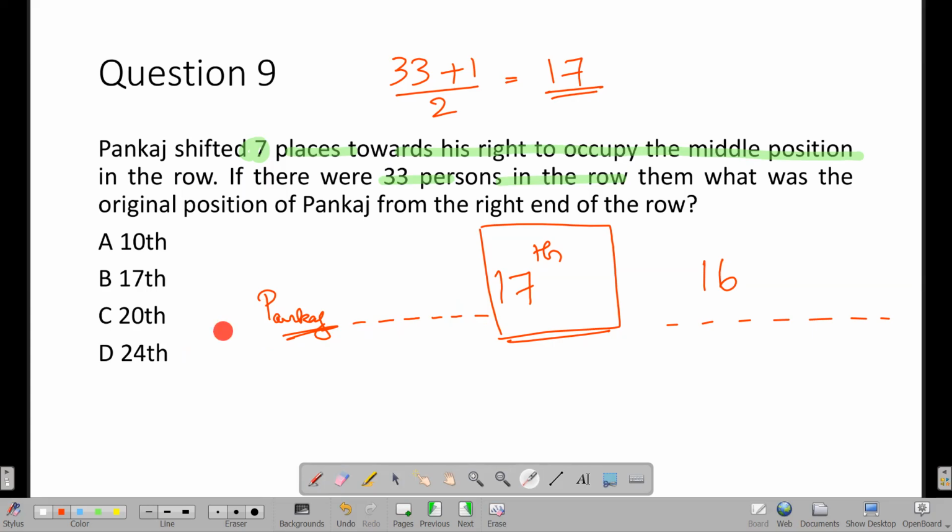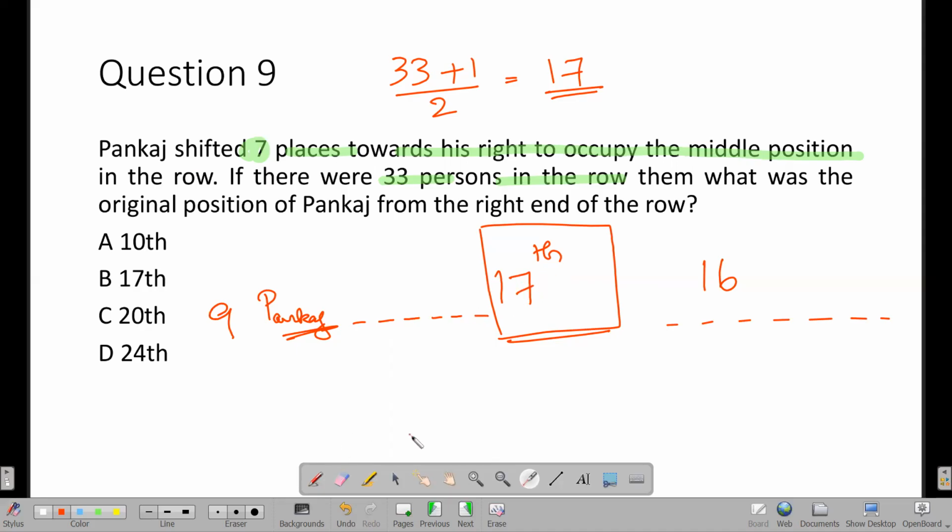7 plus what gives you 16? 7 plus 9 gives you 16, right? So you can consider 9 more seats onto the left side of Pankaj. Altogether, when you're adding, you can see 9, 10, 11, 12, 13, 14, 15, 16, 17th position. Got it?